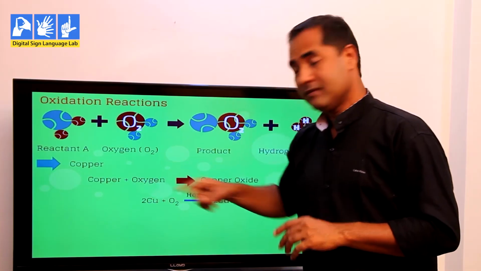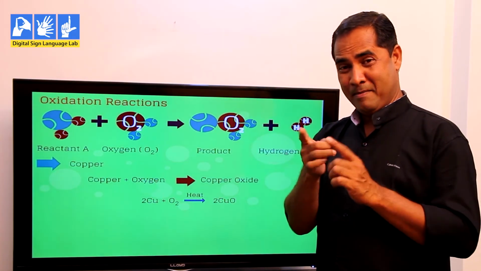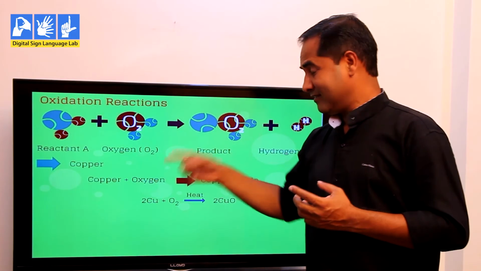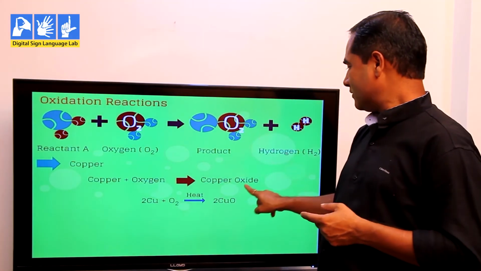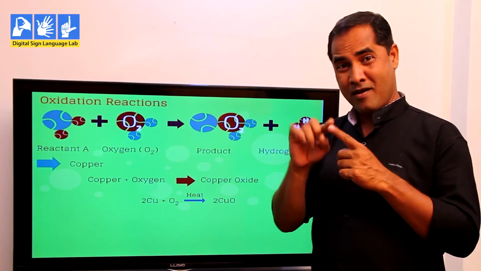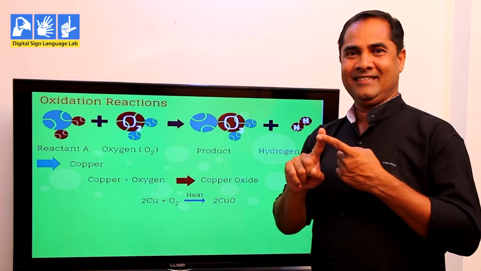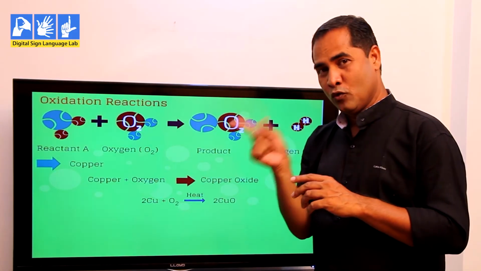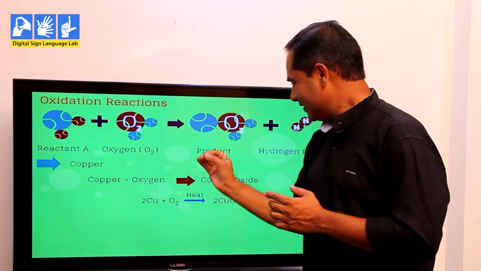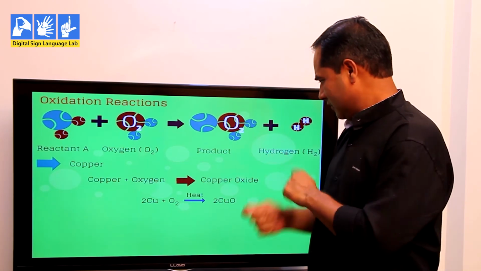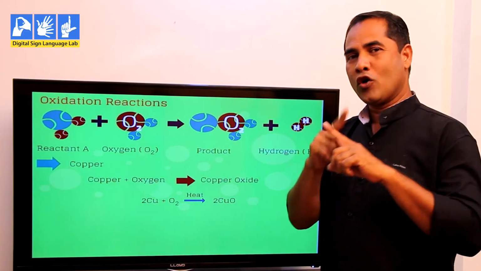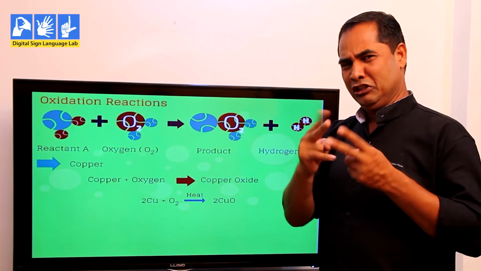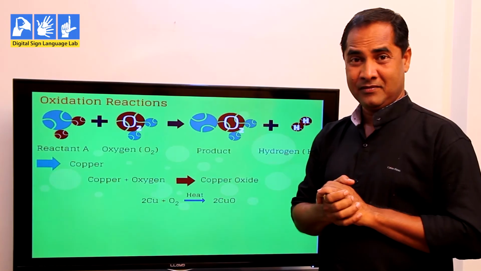So copper plus oxygen gives you copper oxide. That's the chemical reaction. So 2Cu, which is copper, plus oxygen O2 gives you 2CuO, copper oxide. And the color has changed to black now.